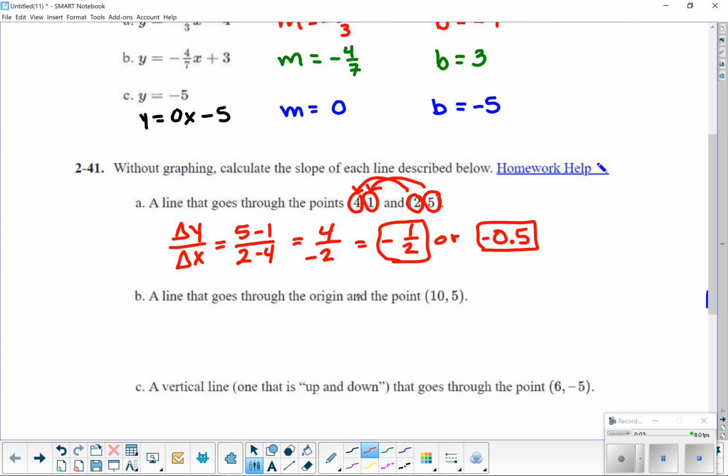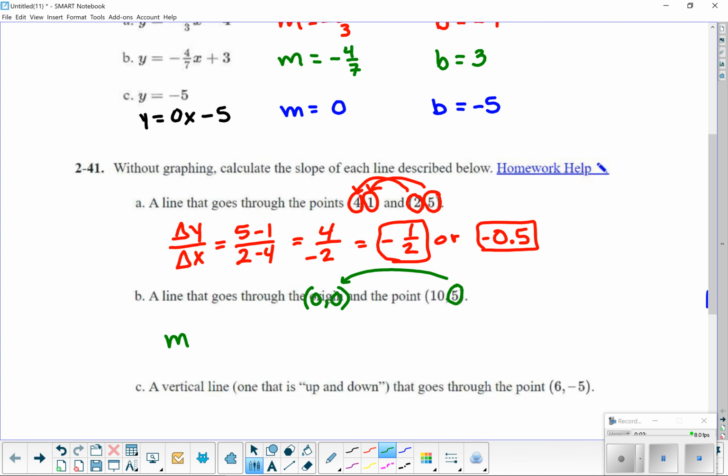The line that goes through the origin, and the origin is going to be the 0, 0, and the point 10, 5. So again, I'm going to do the same thing. I'm going to start in the back, start with the 5, subtract the 0. So again, the slope, delta y over delta x. Heck, I already explained to you earlier on the first problem, you can just call it slope.